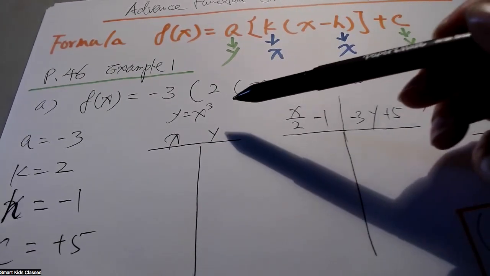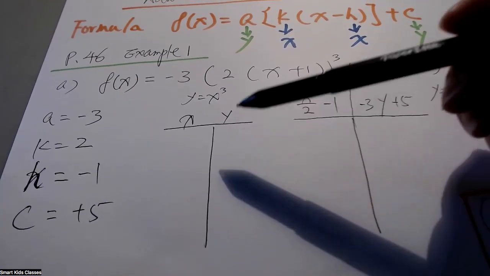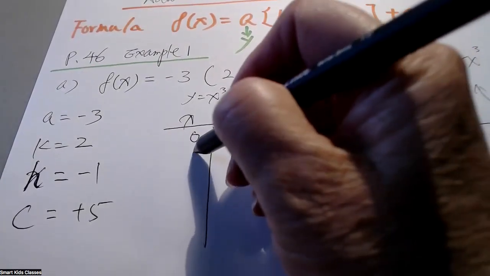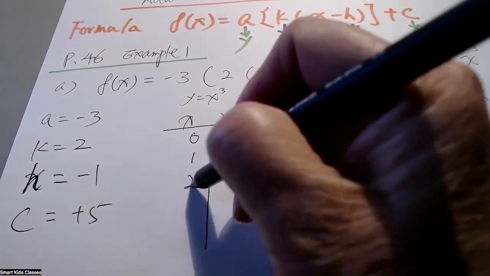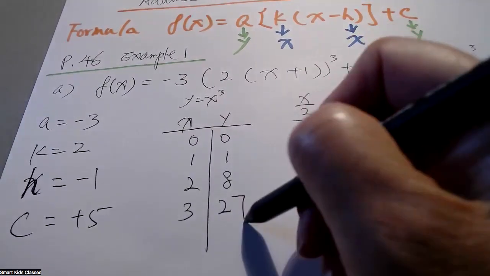We are going to apply the parent function and write the first table. Write a few points. When X is 0, it's 0. When it's 1, it's 1. When it's 2, it's 8. When it's 3, it's 27.